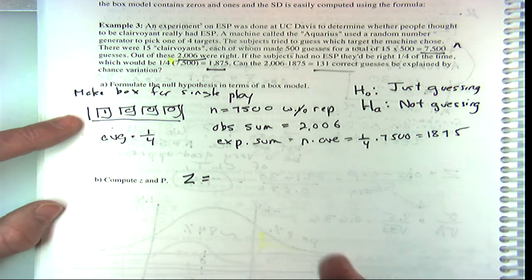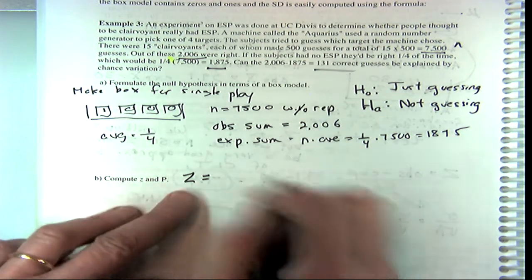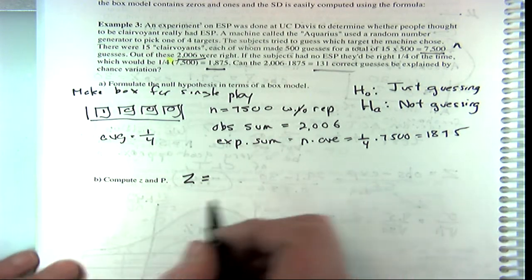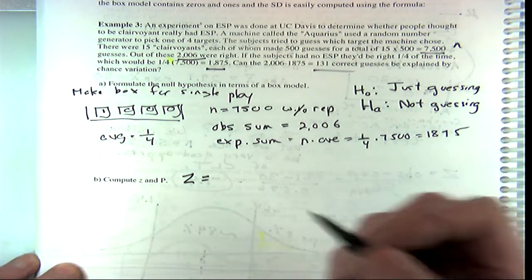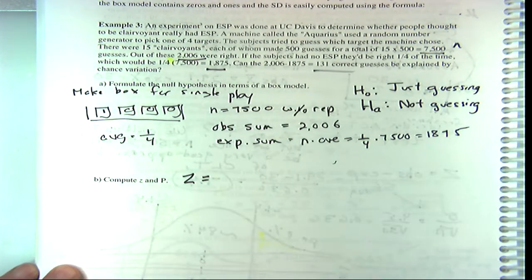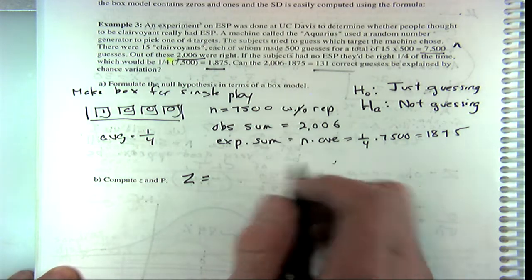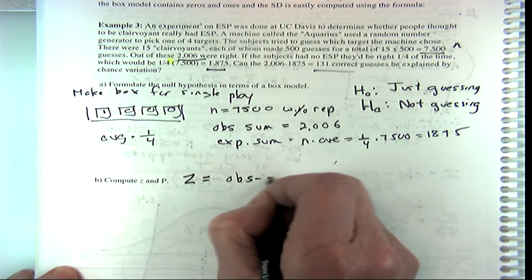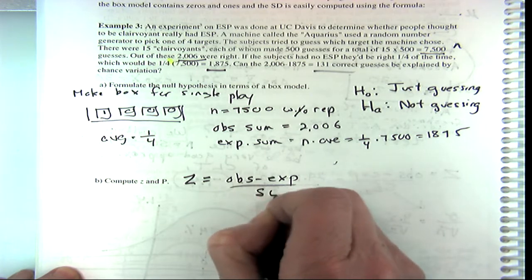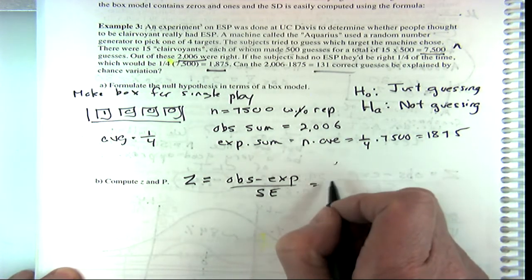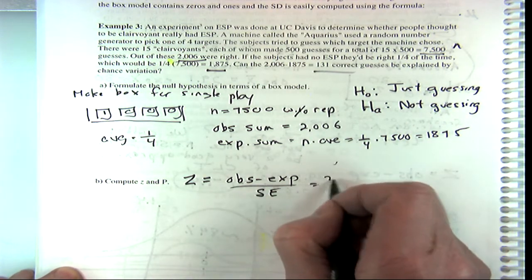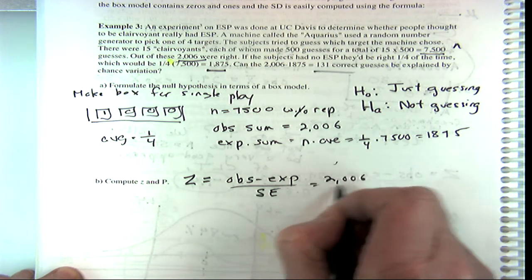It's a 0, 1 box. You never use a T for 0, 1 boxes, never. We know the sampling distribution is normal with enough draws, and this is certainly enough, so it's a great approximation. We do observed minus expected over the standard error. We observe more than we expect.